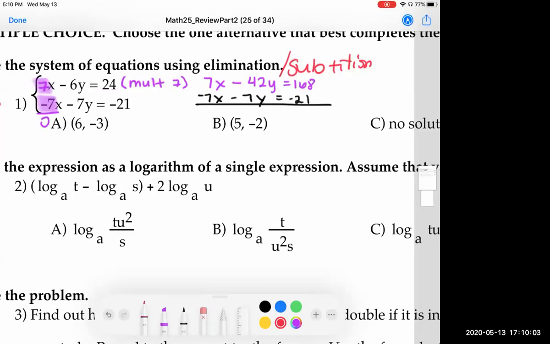All right, so these add to make 0, they're gone. We're left with negative 42y minus 7y, we get negative 49y equal to 168 minus 21, 147. Then we divide by negative 49, we get 3. So y is equal to negative 3.